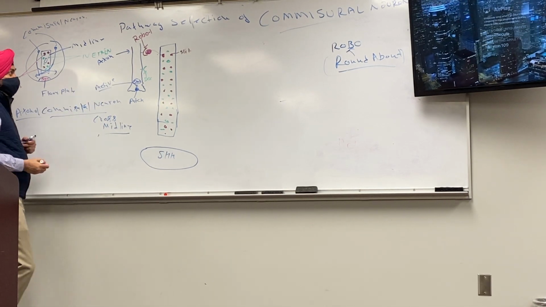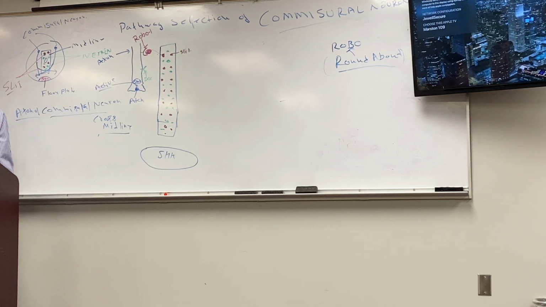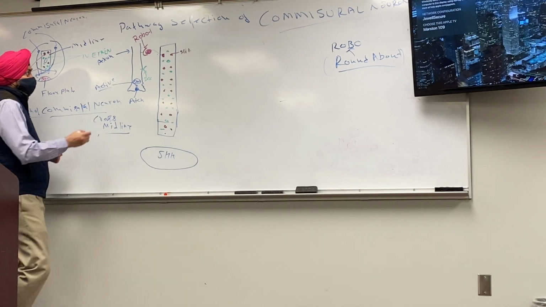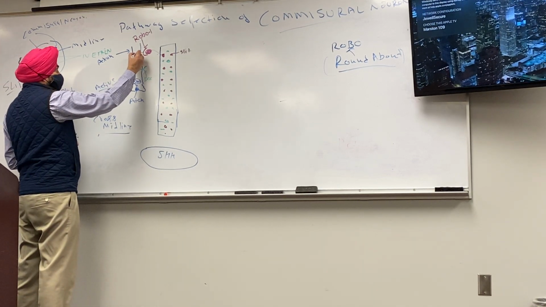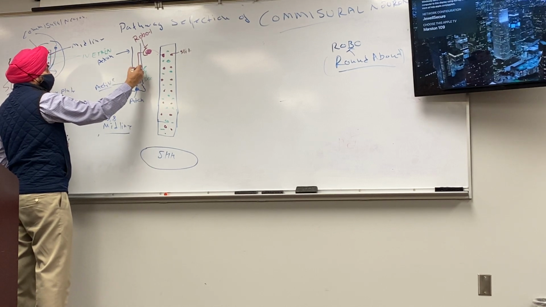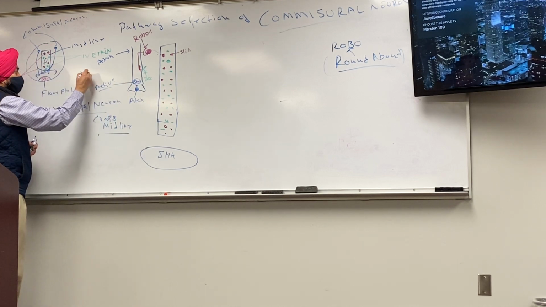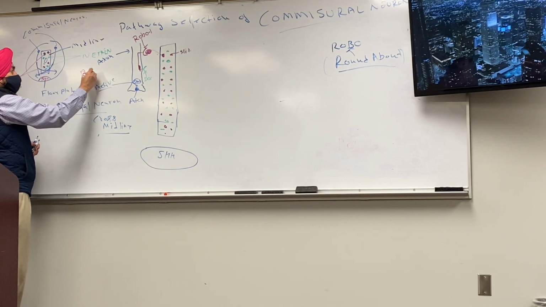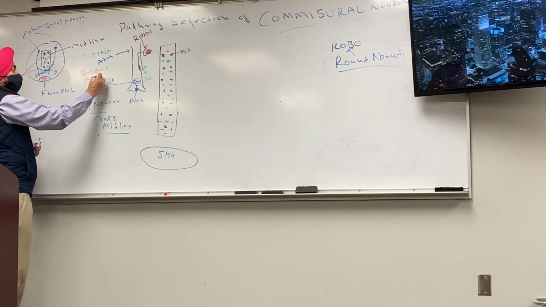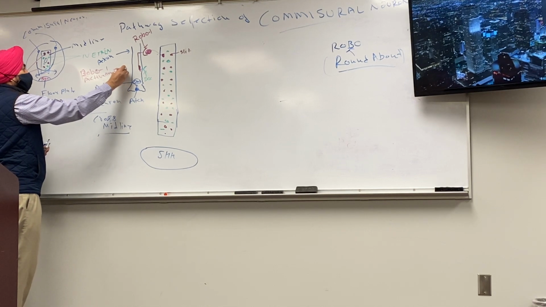When slit binds to Robo 1, Robo 1 is now active, that receptor is activated. And Robo 1 activation blocks DCC.